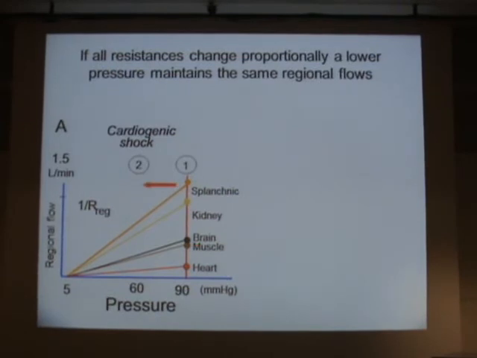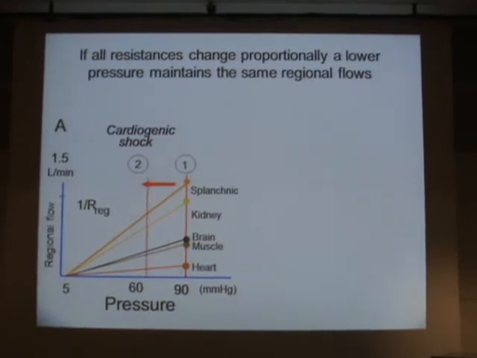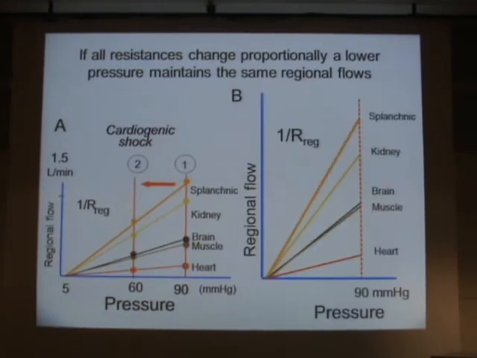So what can happen is this. If we lower the pressure, but all the resistances decreased in proportion, and I did this just by stretching my graph so they were all the same distribution, you could have a pressure of 55 and have perfectly adequate blood flow. And remember, it's blood flow that counts, not the pressure. The pressure is important because of that regional distribution of resistances.